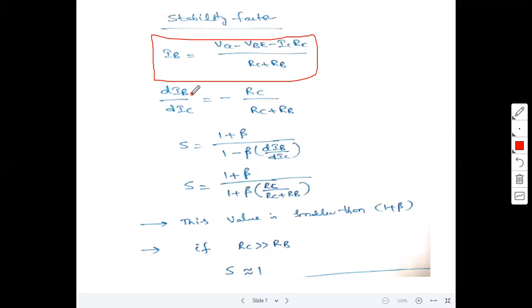Then differentiate this base current with respect to collector current. dIB by dIC: VCC and VBE are constants, and the derivative of a constant is 0. Then the remaining term is only this term.